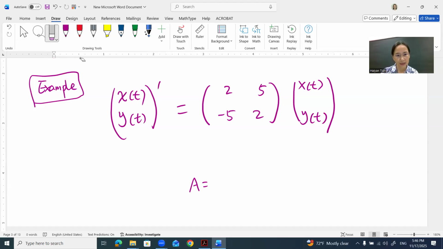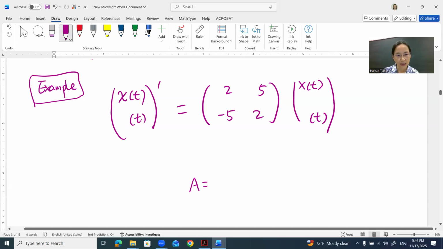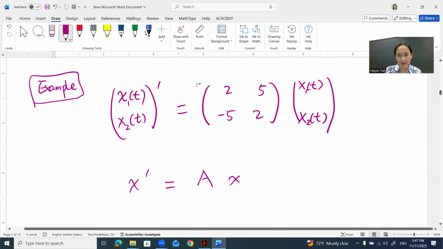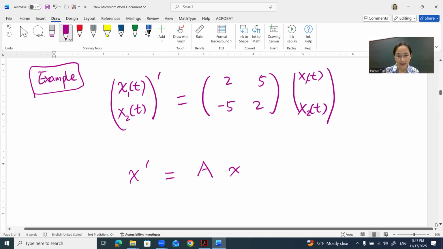In order to extend to a general system, let's write our notation in a more standard form, x1, x2. This is the system x prime equals Ax. We're very familiar with this system. A is a constant coefficient matrix, and it's a real valued matrix.